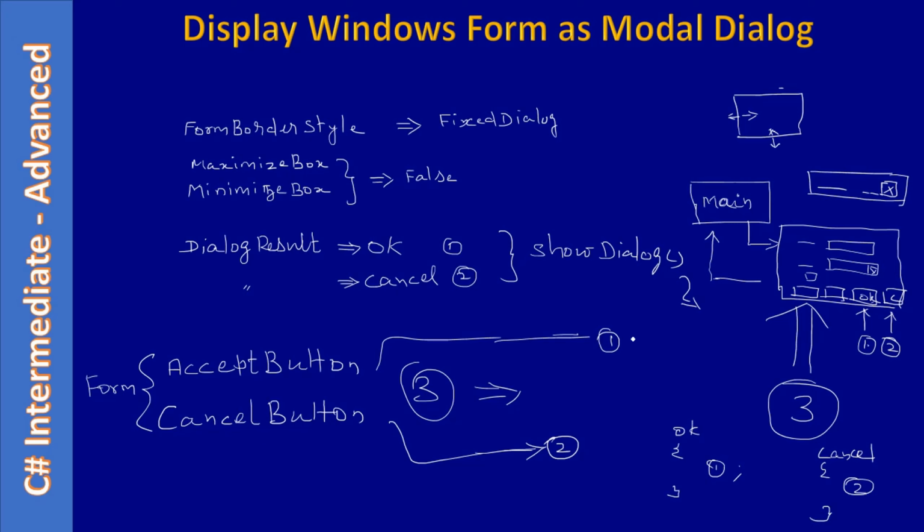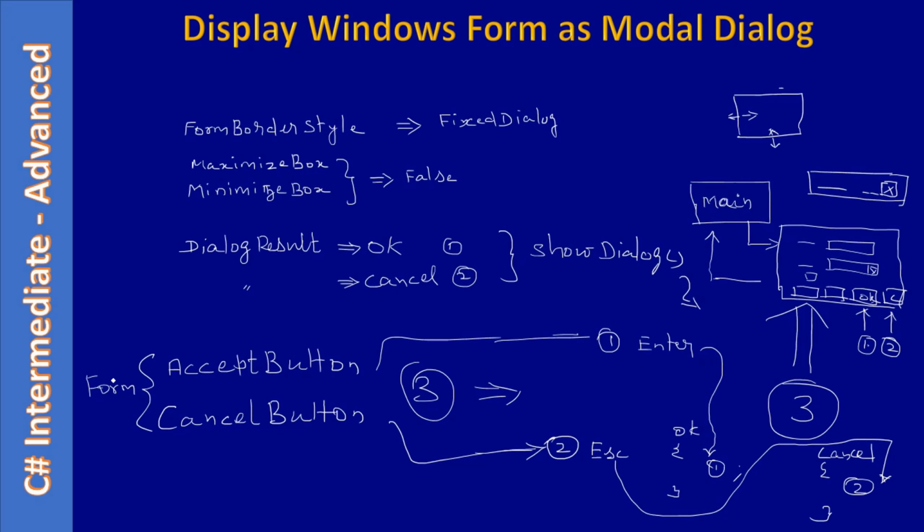So what happens when the user presses the Enter button on the keyboard? The Enter button will invoke this event routine. Similarly, when the user presses the Escape button on the keyboard, it will invoke the routine for the cancel. Why? Because we already assigned it, right?